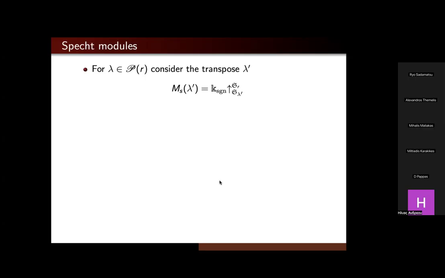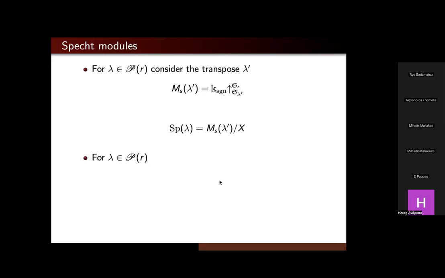It is a direct product of smaller symmetric groups, and I'm taking the sign representation of the Young subgroup associated to lambda prime, and I'm inducing to the big symmetric group. This is inducing in the usual way that we do in finite group theory, and that's the sign permutation model. If you run this idea a little bit, it gives you that the Specht model is a quotient of the sign permutation model. And it's not really hard to prove this.